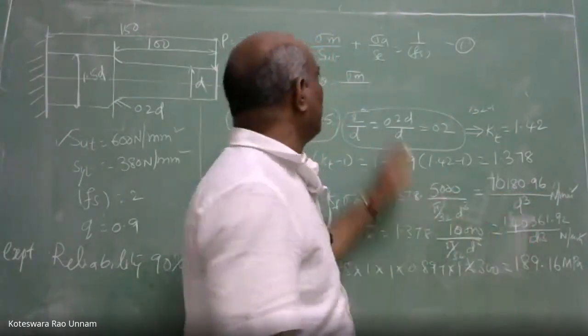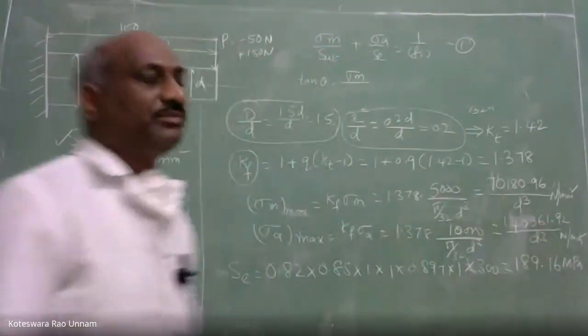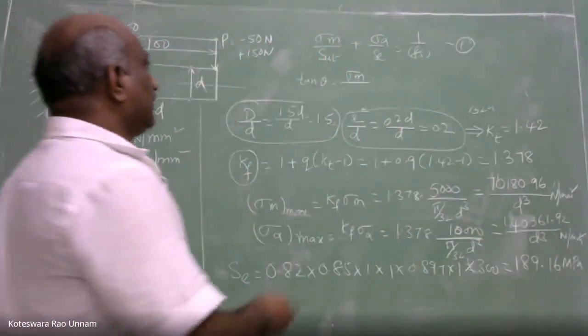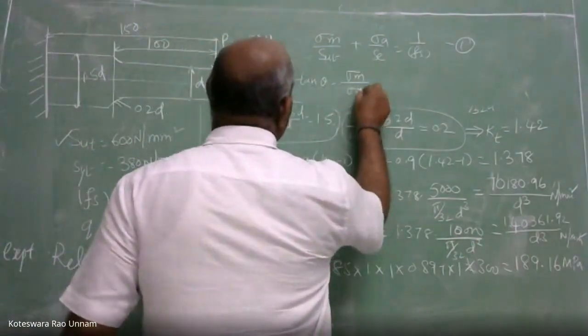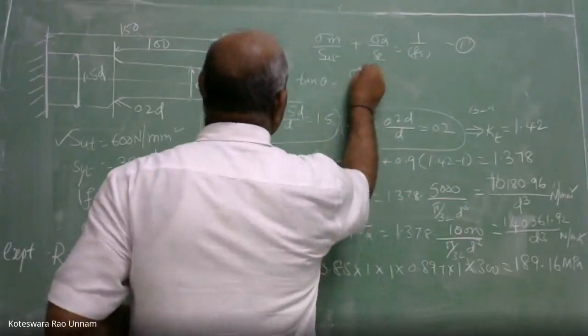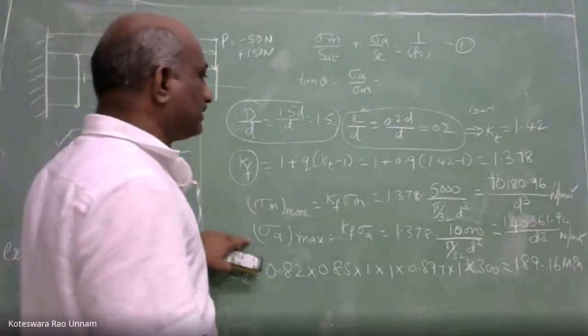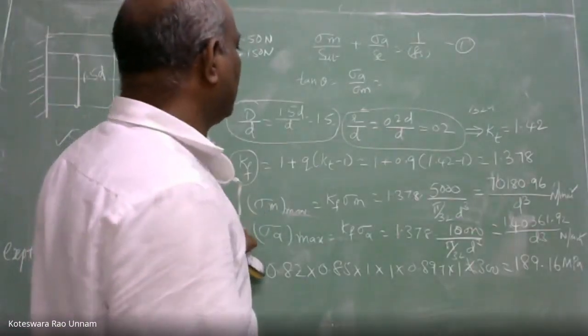So that means your sigma m is 70180.96 by d cube, and sigma A is 140,361.92 by d cube. Now tan theta is nothing but sigma A by sigma m. If I divide this one by this, how much am I going to get?